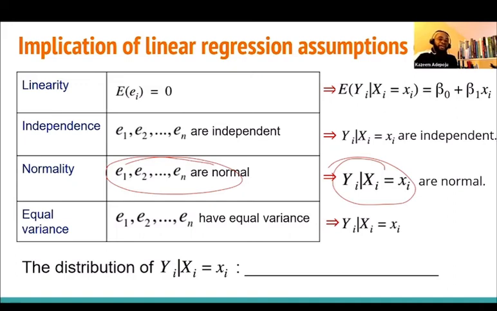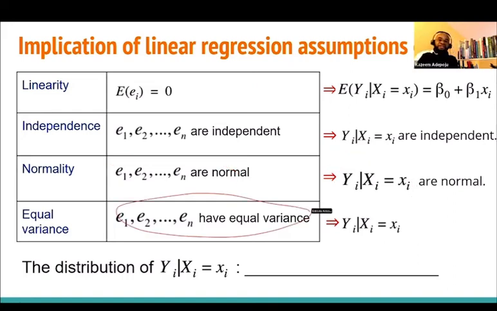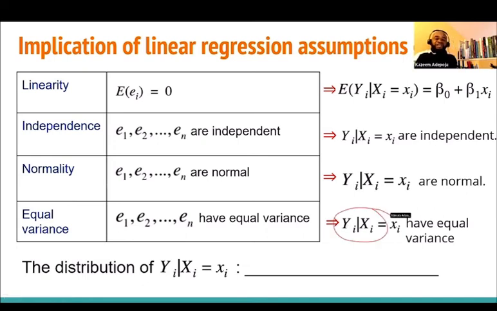Okay, and you know what, another implication of the constant variance is that this guy here is also going to have a constant variance. It means there's always going to be variance associated with prediction from a particular country.